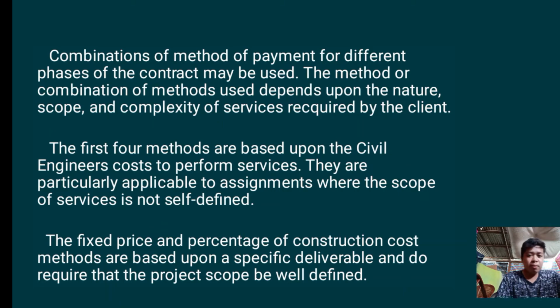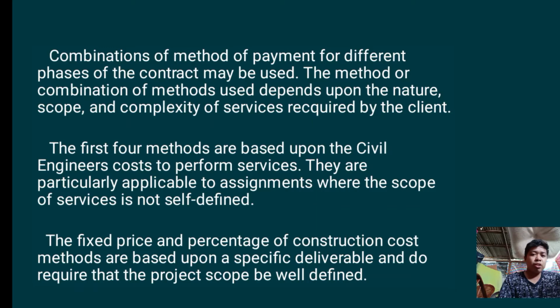So on the other hand, the last 2 methods from the 6 methods, yung the fixed price and the percentage of construction cost methods, are based upon a specific deliverable and do require that the project scope be well defined.